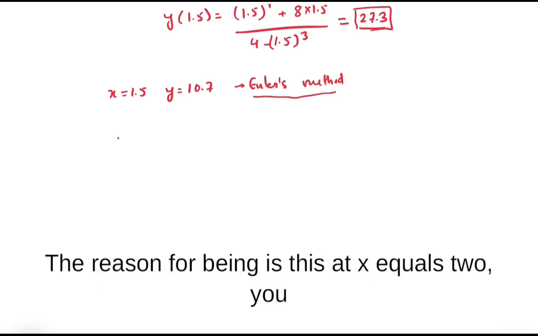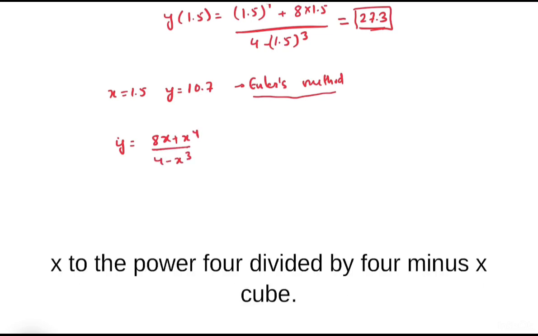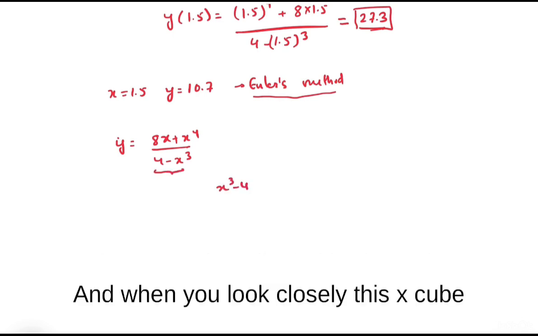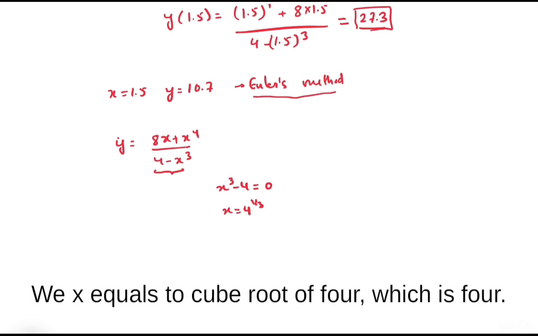The reason for this is that the expression for y comes out to be x to the power 4 plus 8x divided by 4 minus x cube. And when you look closely, when we equate 4 minus x cube to 0, we get x equals cube root of 4, which is 1.584.